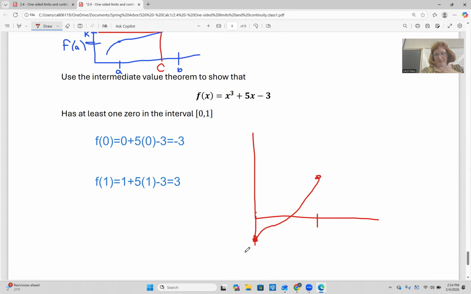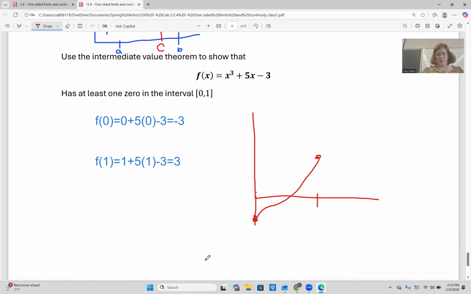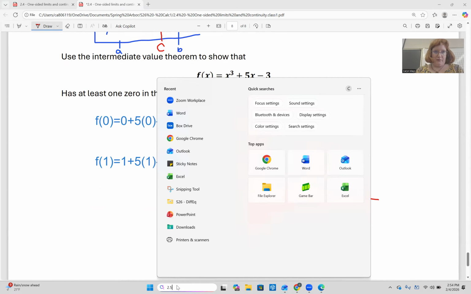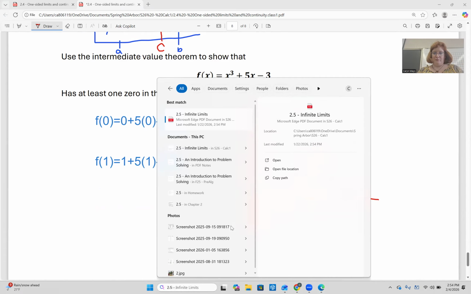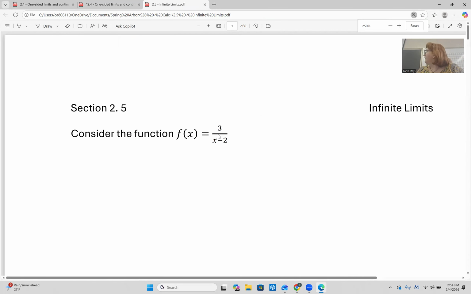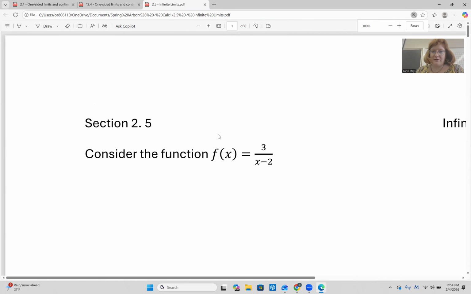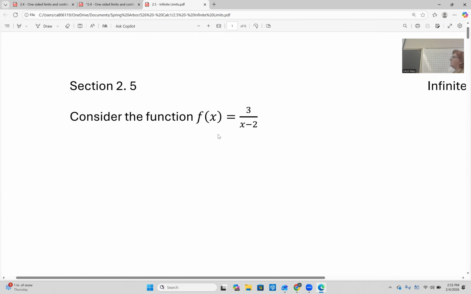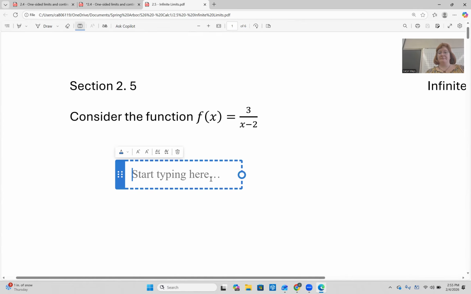Okay, so that was the last theorem of 2.4, and we'll get into 2.5. So let's consider this function f of x equals 3 over x minus 2. Using, from what we've had, where would this not be continuous? 2.